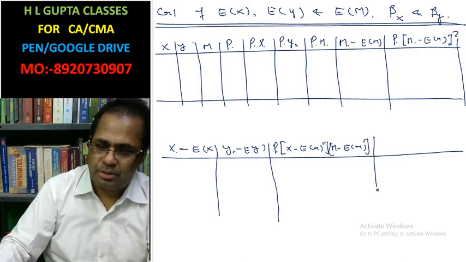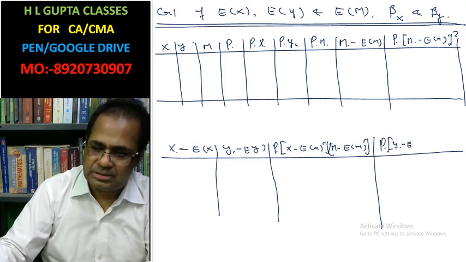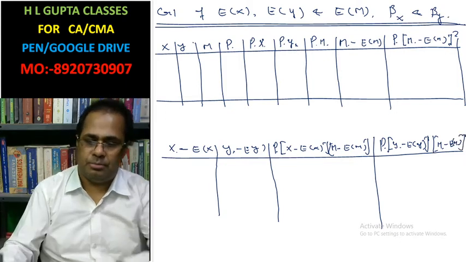This you have to calculate. Then Pi times (Y minus expected Y) times (M minus expected M). These all parts you have to calculate.